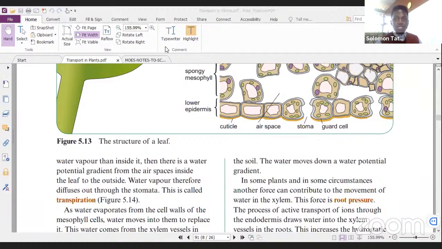Okay, Ronnie is off probably. Who else would have to try? Faith? Why do we have more stomata on the lower epidermis?